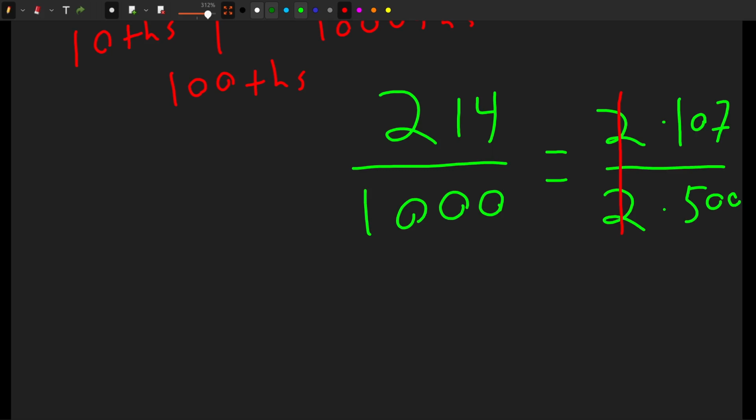Now, 107 and 500. 500 has factors 2, 5, and 10, and probably a couple of others, but those are the major ones. 107 does not have 2, it does not have 5, and it does not have 10. So I'm pretty sure that that is simplified. And so my answer in this case will be 107 over 500.